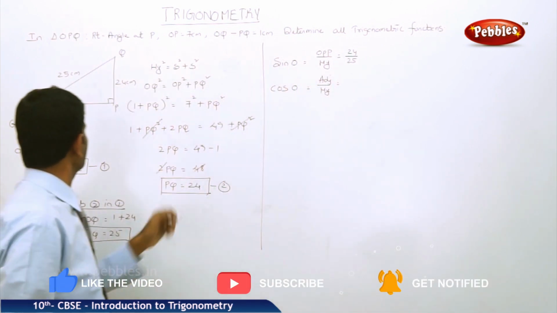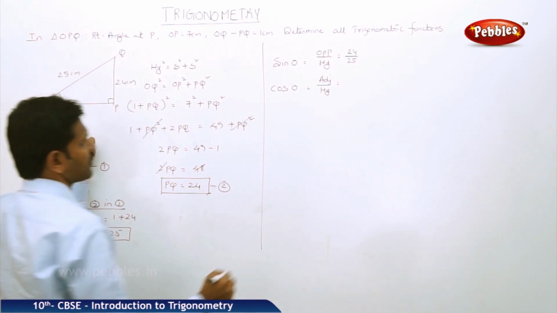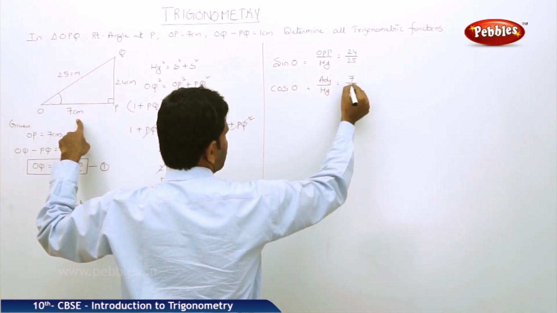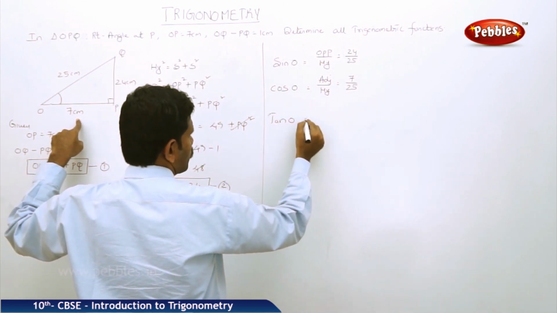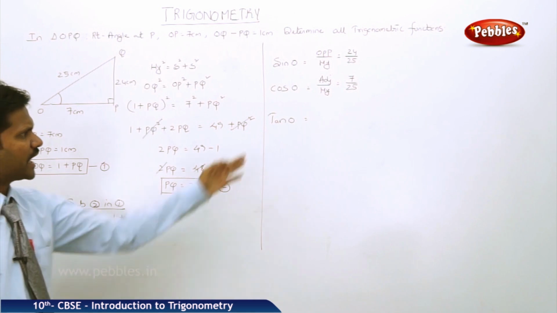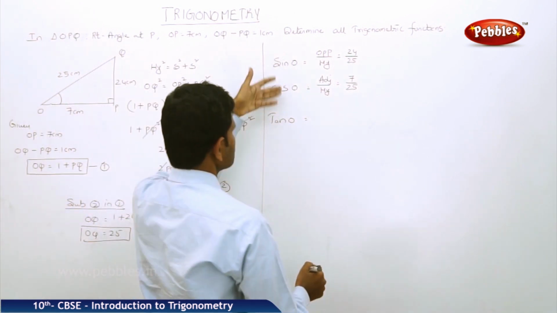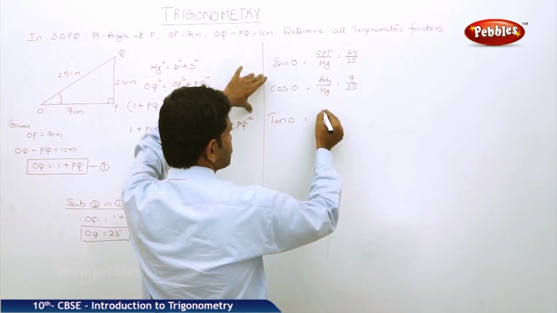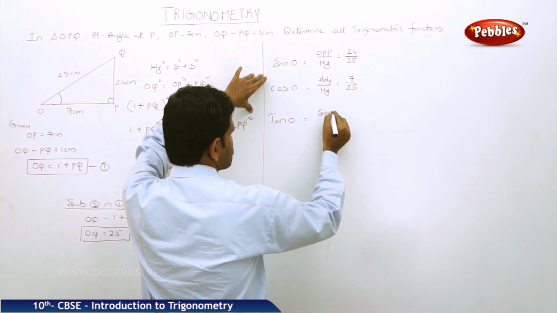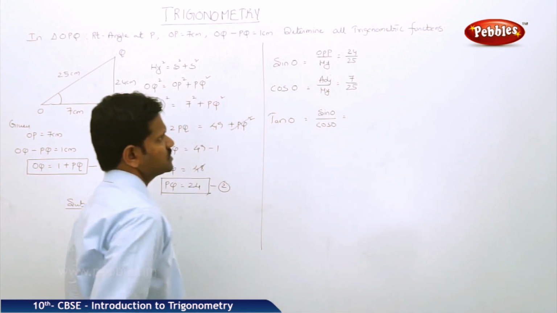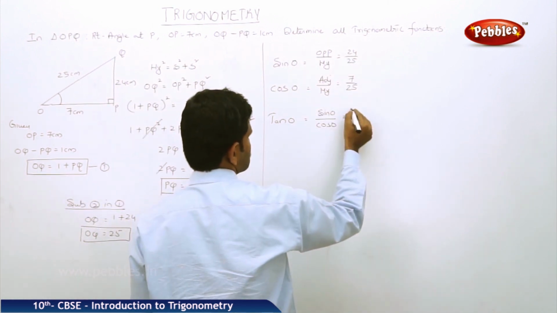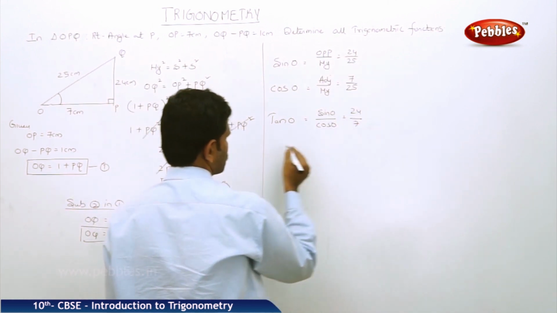The adjacent side to O is 7, so 7 by 25. Now, tan O is nothing but the division of sin O by cos O. 25 gets cancelled, that is 24 by 7.